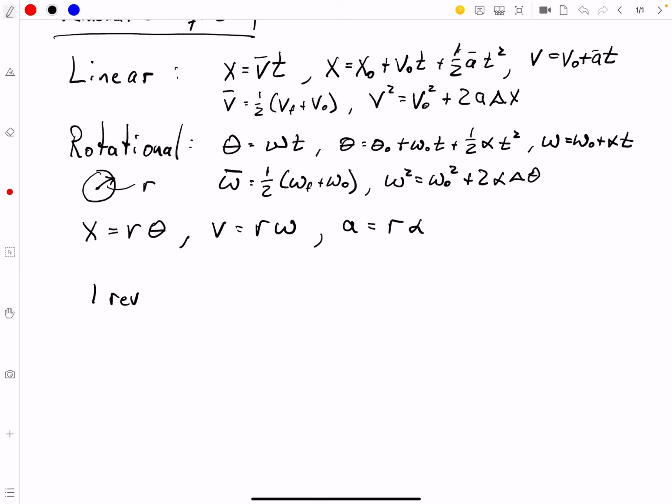So you can think of it as revolutions or revolutions per minute or all kinds of things like that. Revolutions per hour, per second, whatever, equals 2 pi radians, and that equals 360 degrees.